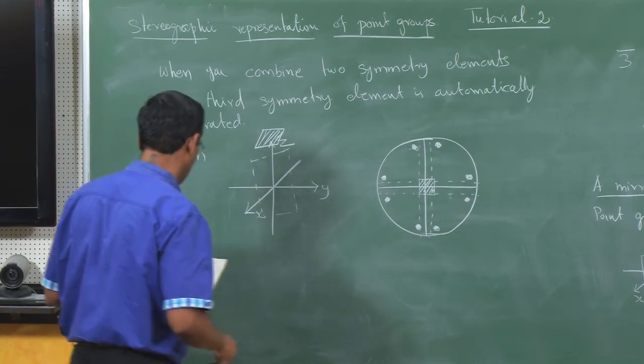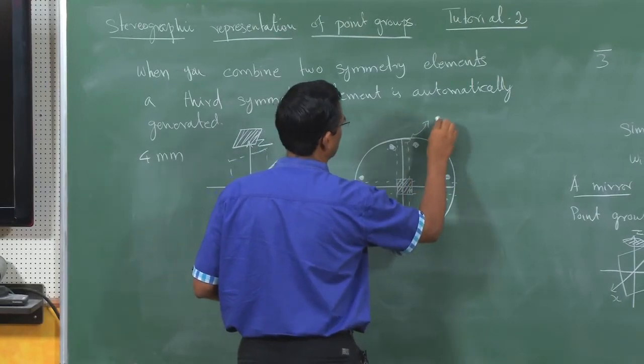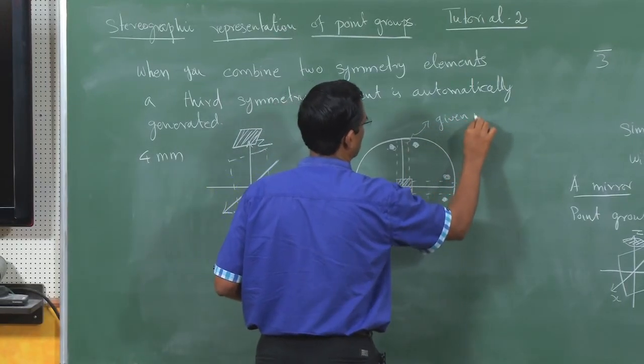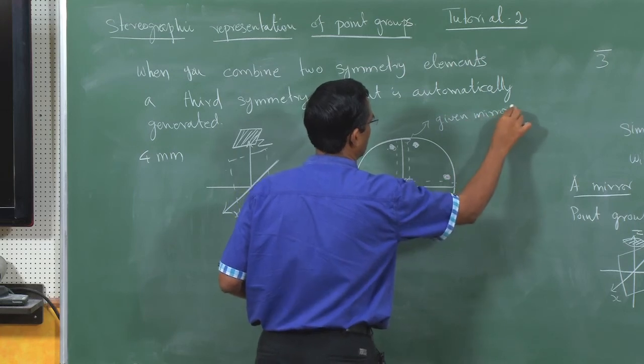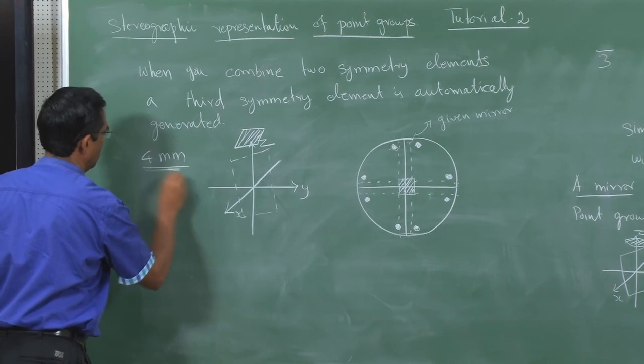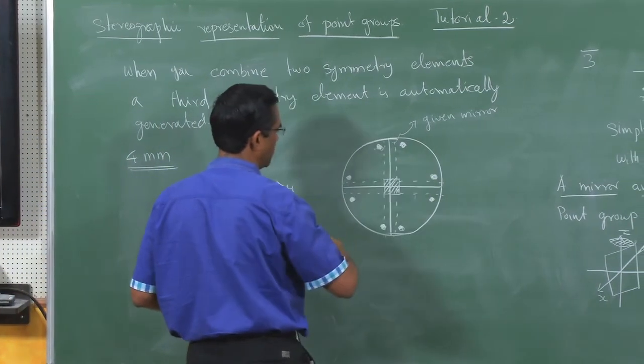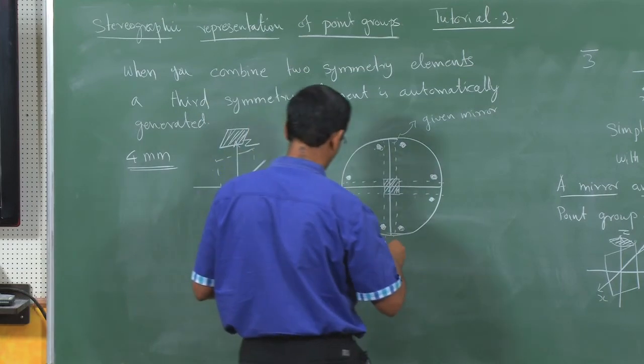So, you see that, given mirror because you have 2, it is 4mm, but you can see that automatically 2 more mirrors are generated in this. How?